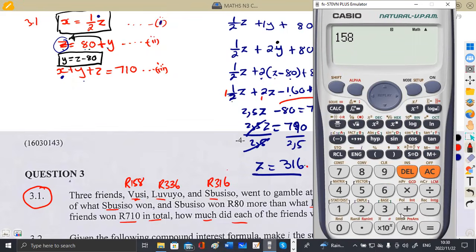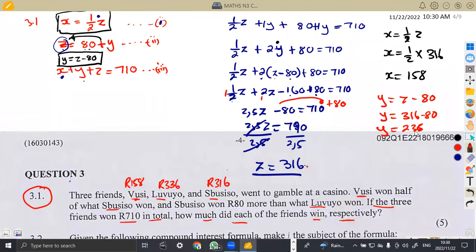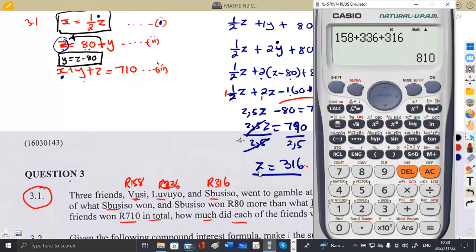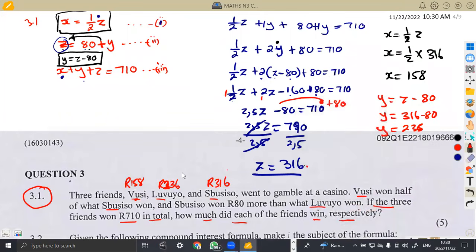So 158 plus 236 plus 316, which is 710. Okay, so that's it. These were the values that they actually obtained each.